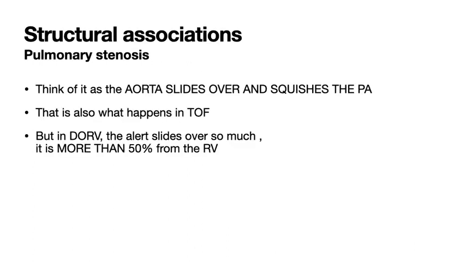And just kind of think of it as the aorta sliding over and squishing the pulmonary artery. That's kind of what happens in tetralogy of Fallot. You get an overriding aorta and a narrowed pulmonary artery with varying degrees of obstruction. Think of it this way: as it slides over so much that it's more than 50% over the right ventricle.